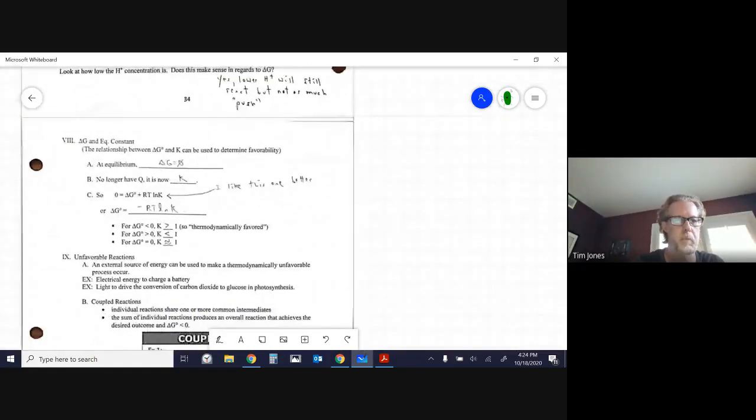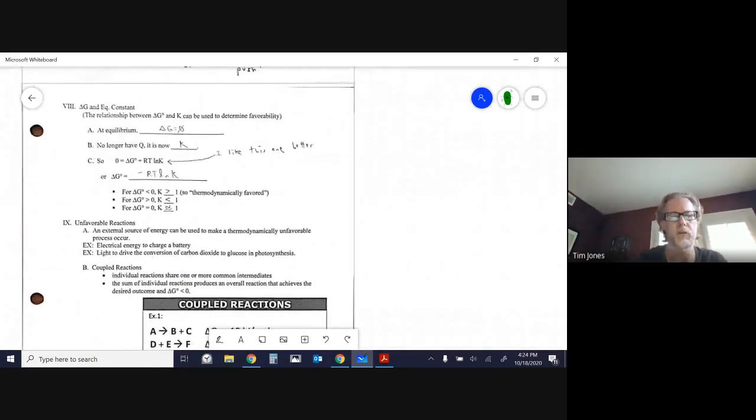Continuing on. There is usually a relationship between delta G and the equilibrium constant. A delta G of 0 means you're at equilibrium. So this means that likely the forward and reverse reactions are occurring, but equally.